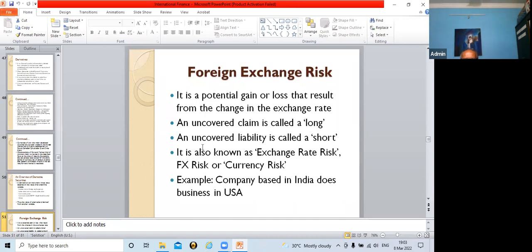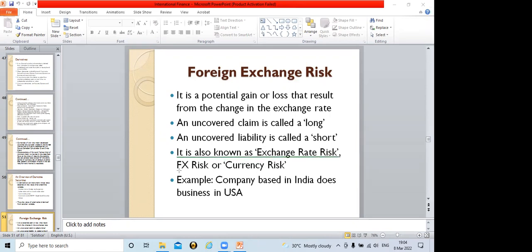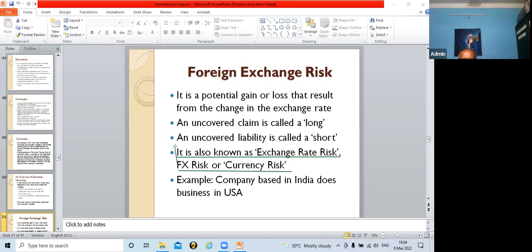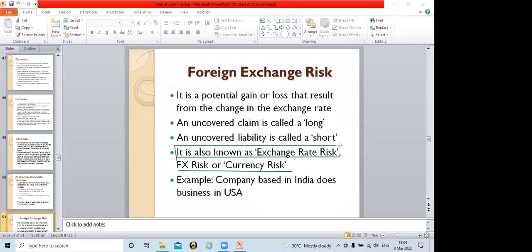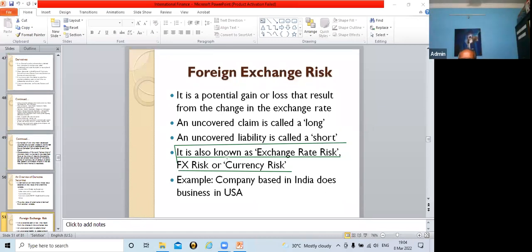If you observe in this slide, the second bullet point from the last, look at this line.